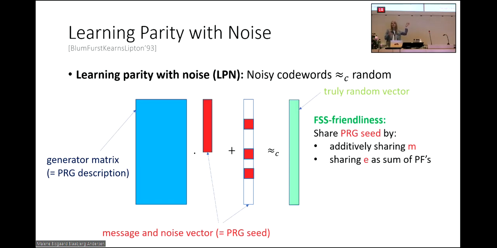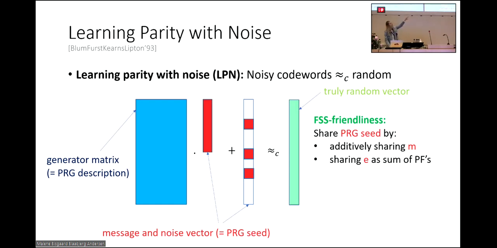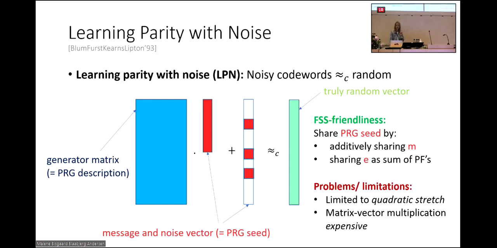A unit vector is basically just a point function in some sense. And then everything else is linear. So this is all handled with the very simple linear property of additive secret sharing.